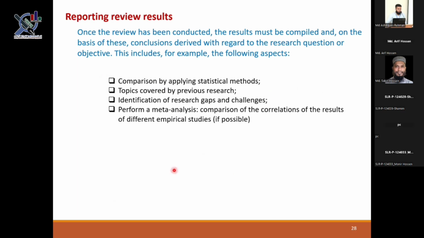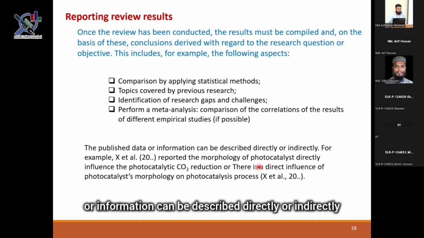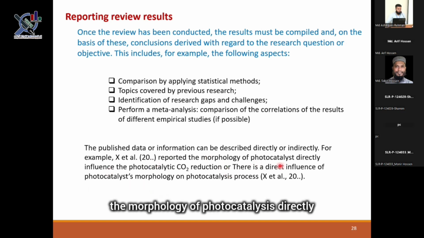And if you get your required number of data, then you can also do meta-analysis. For example, the published data or information can be described directly or indirectly. In different papers, people use, for example, X et al. 2020 reported the morphology of photocatalysts directly influenced the photocatalytic reduction.